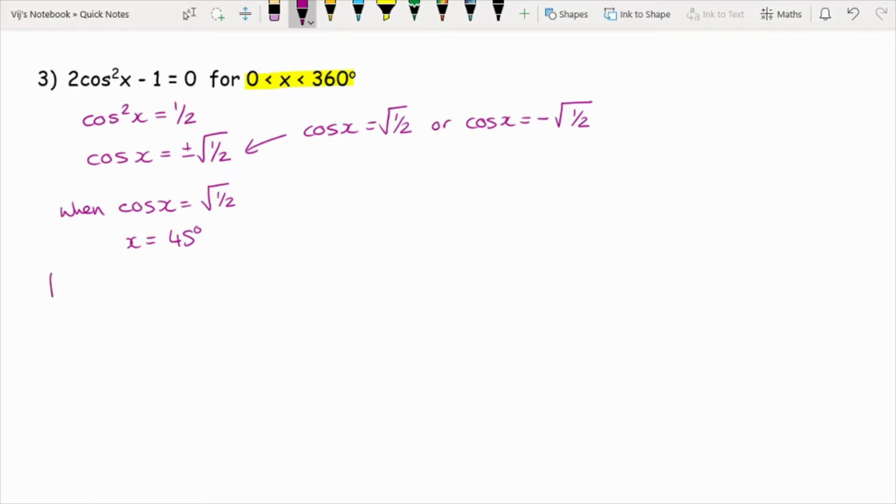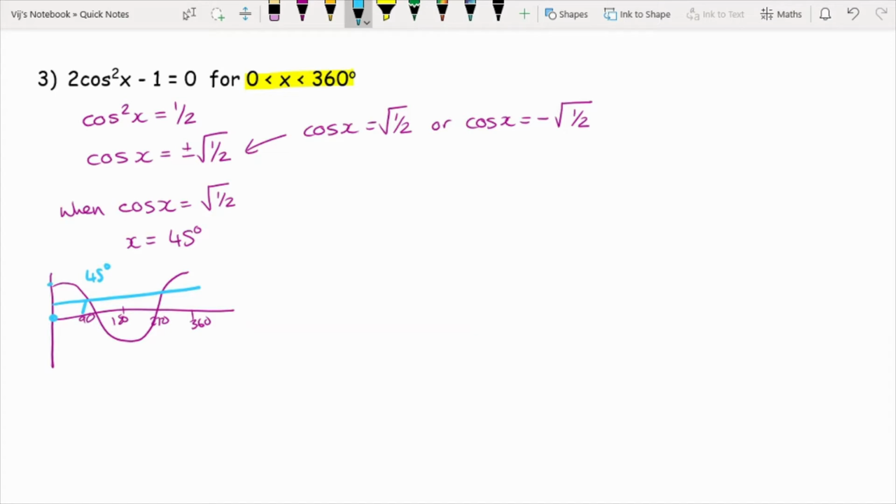So then if we just do a quick sketch of the cos graph between the range of 0 and 360, so that's 90, that's 180, that's 270, and that's 360, and we draw a horizontal line through root of a half, which is, let's say, there, we get a value, although my diagram's a little bit bodgy, that works out to be 45 degrees from 0 for when the graph is at 1.